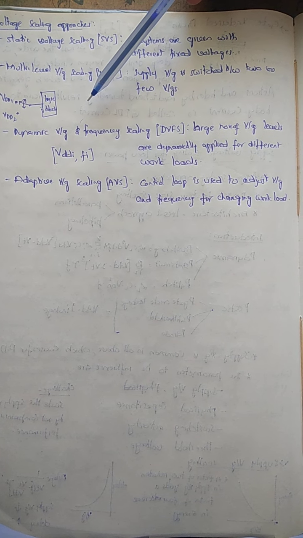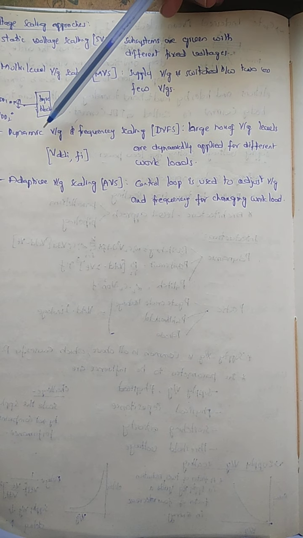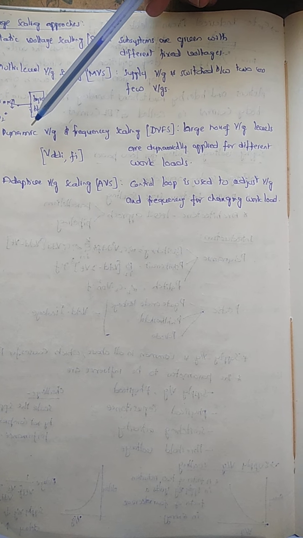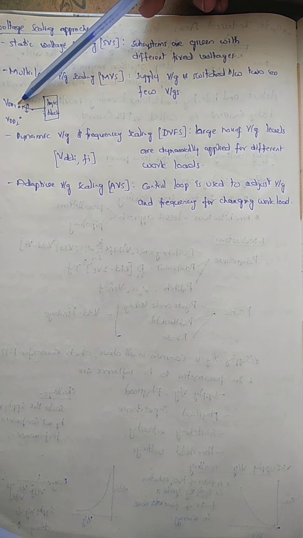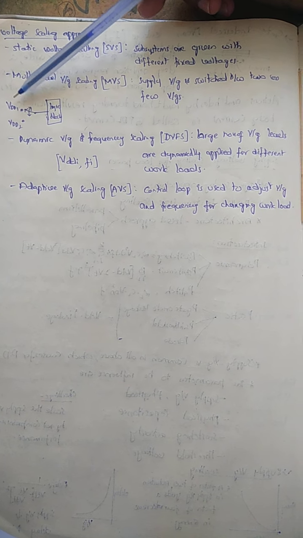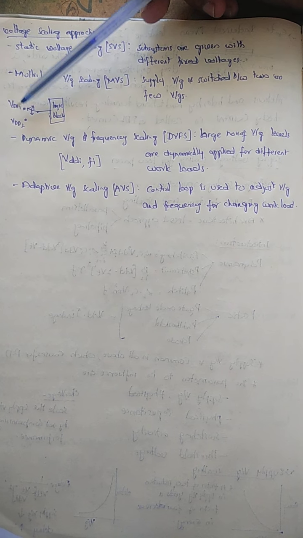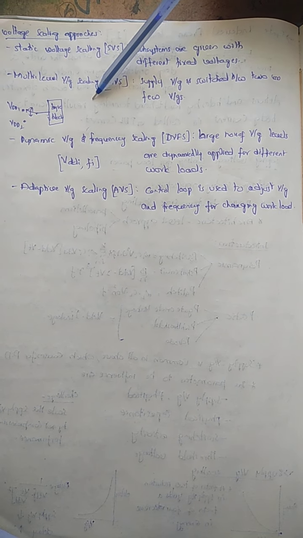The logic block works at one point of time with VDD1 and at another point of time with VDD2, by making use of this switch. The supply voltage is kept at any one of these two, or maybe more, selected by the switch. This is also done only at design time; later we can't change it.